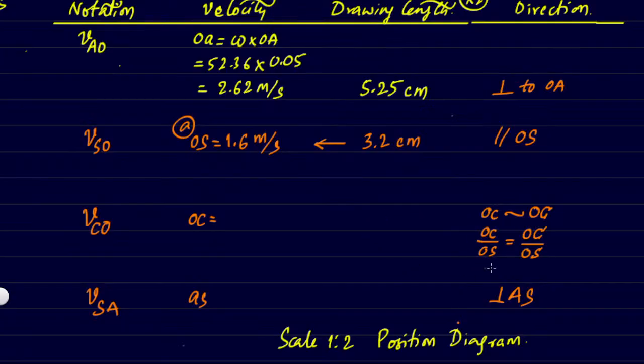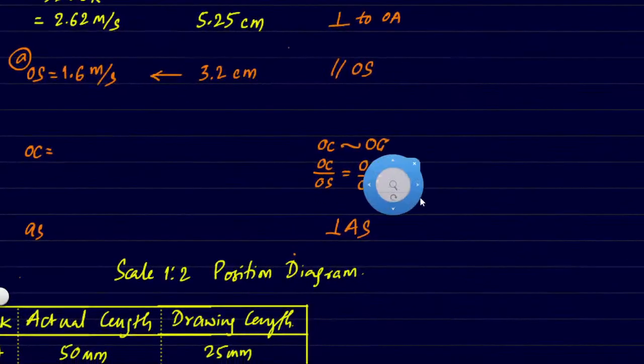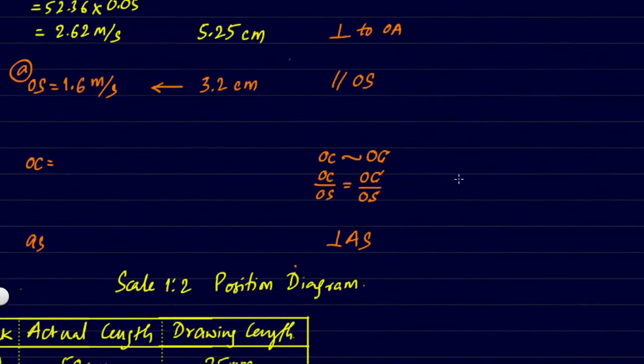Now OS is the length we already know. So let's go ahead and take it. OS length is 3.2. Small oc length we don't know. That's what we need to find.